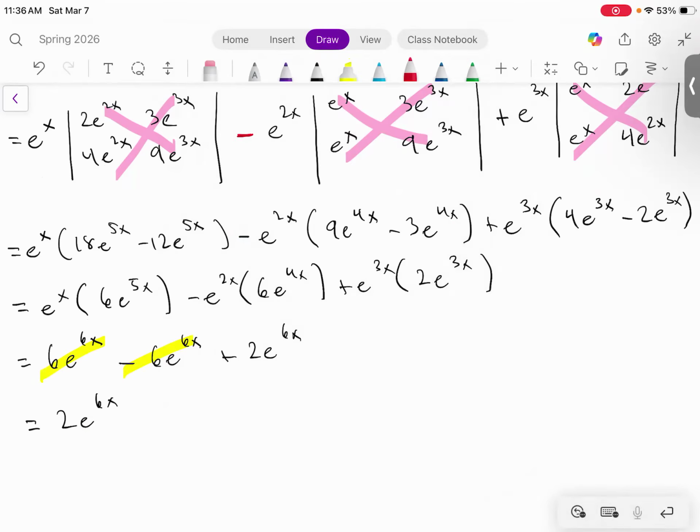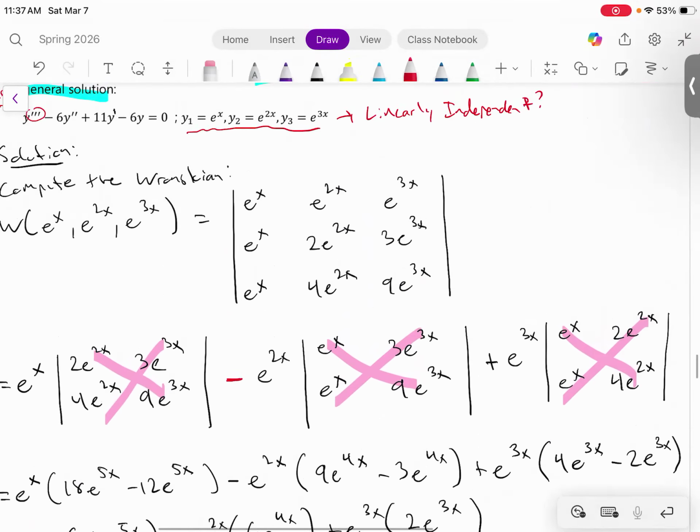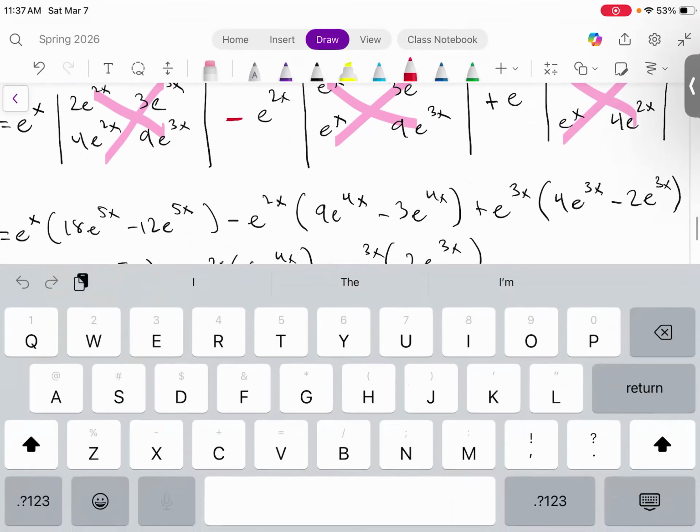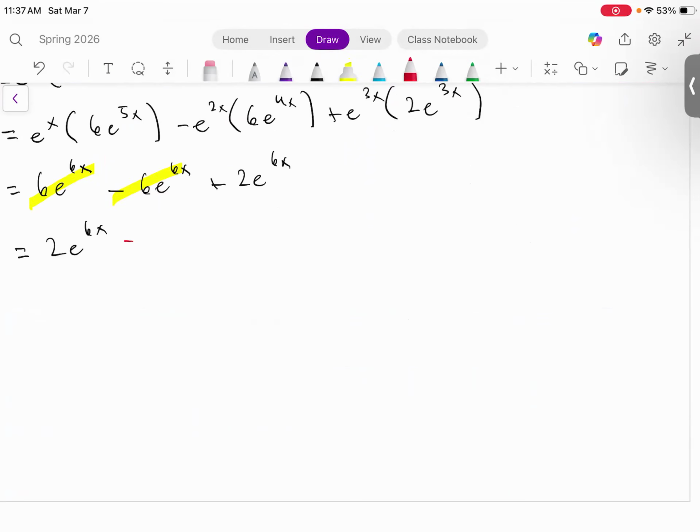And remember, we're computing the Wronskian. We're trying to see if these three solutions are linearly independent. And so the way we determine that is, does the Wronskian equal 0? No, it never equals 0 because an exponential function never equals 0.